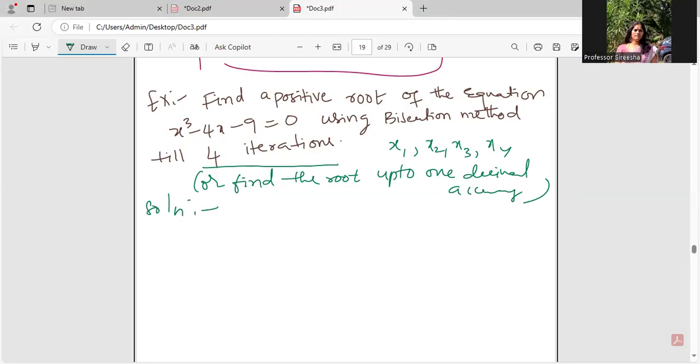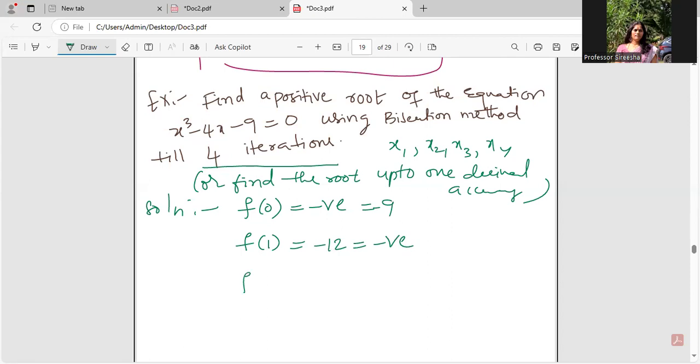First, I should be finding f of 0. I should start with f of 0, f of 1 and all that. Okay, f of 0 would be what? Negative. I'll be finding the values, by the way. Here, it is minus 9. F of 1 is also negative, because 1 minus 4 minus 9 would be minus 12, which is negative, right?